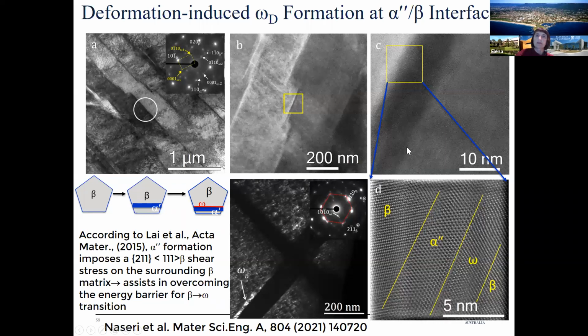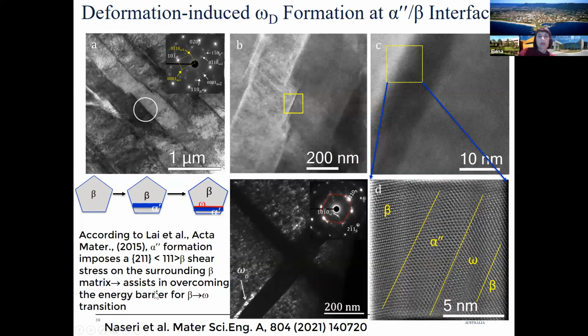Now we have a high resolution image of the interface, and we clearly see a layer of omega phase between alpha double prime and beta. This was earlier reported in Raber's group for athermal martensite formation, but here we see it also taking place during deformation.